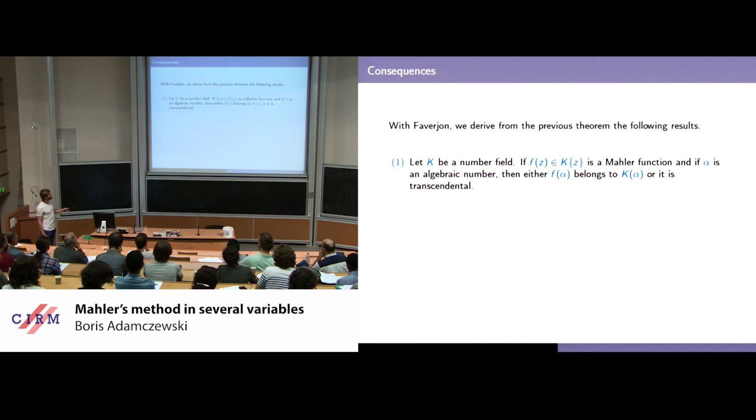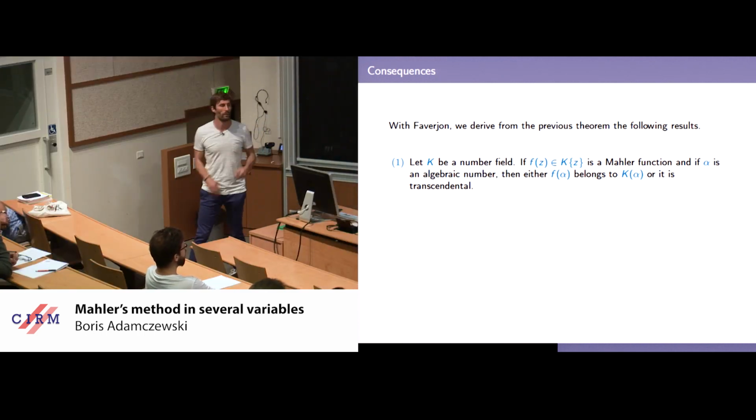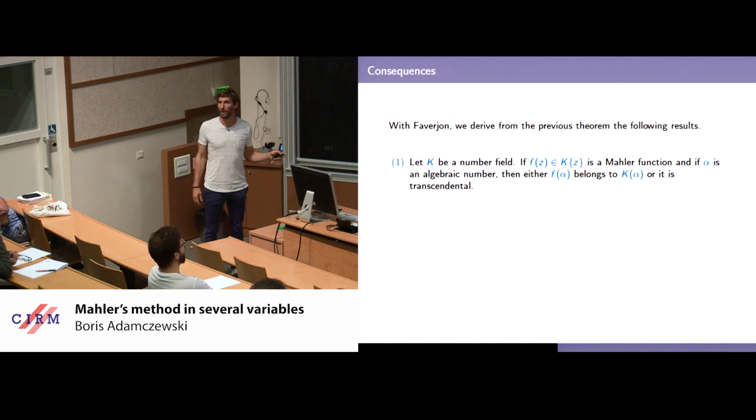And you take any algebraic number alpha such that the function is well defined at alpha. Then either alpha belongs to the number field k of alpha, or it is transcendental. So there is no more question about a regular point; it's true for any algebraic point and any function. This is the strength of this result. For instance, if the coefficients are rational numbers and the point is rational, then you get that the value is either rational or transcendental.